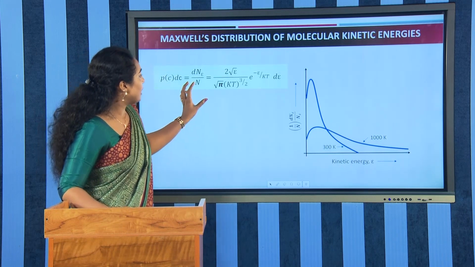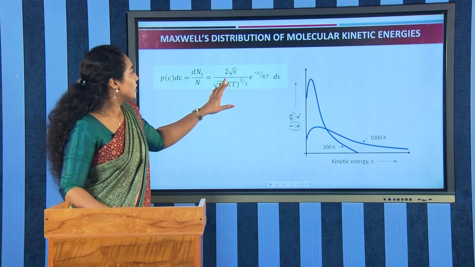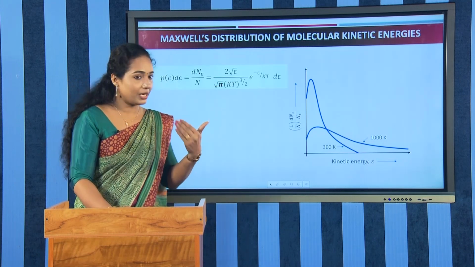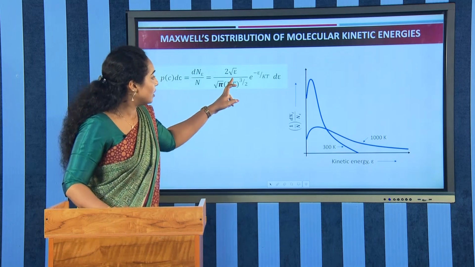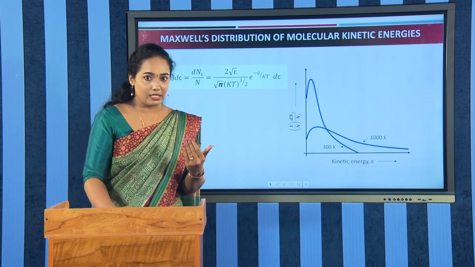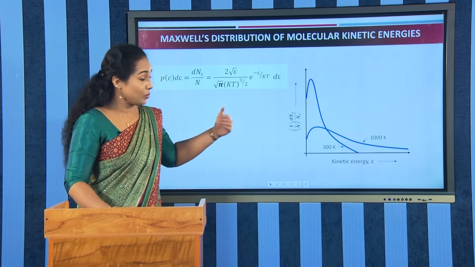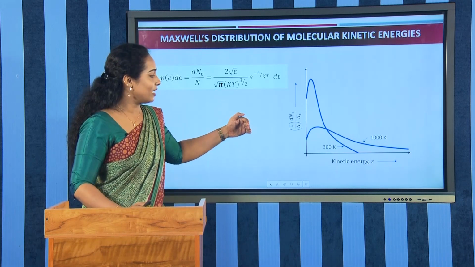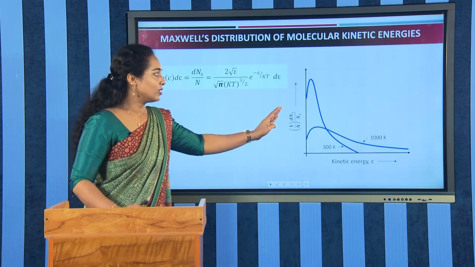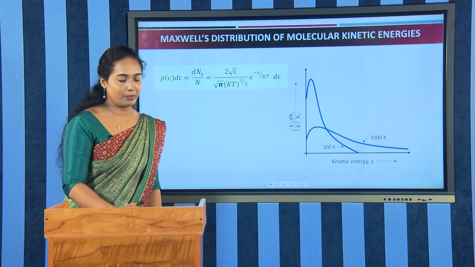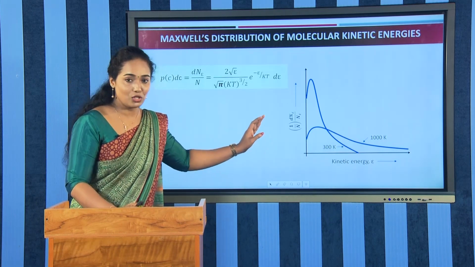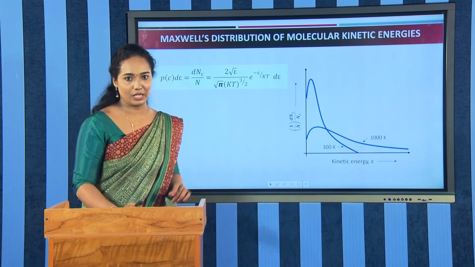From the equation also, we can see that it is proportional to the square root of E. So, as the temperature increases, the kinetic energy distribution is broader than at a lower temperature. This shows the relation of the distribution of kinetic energies with respect to different temperatures.